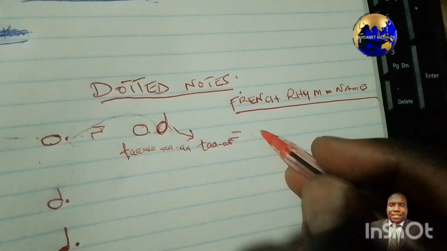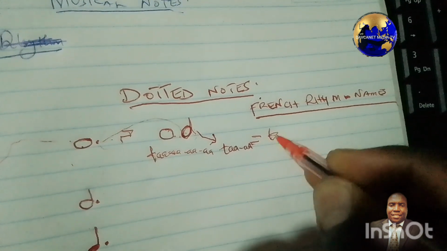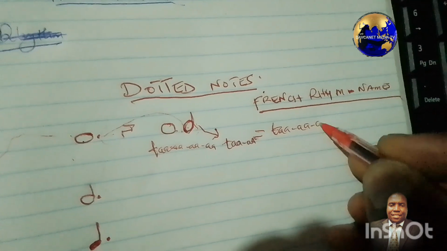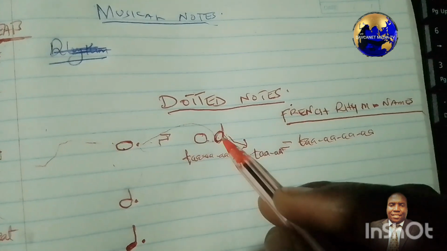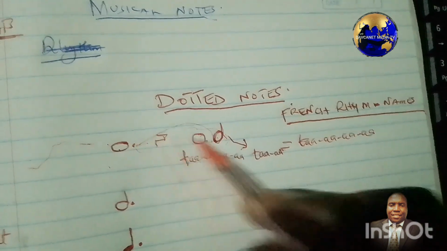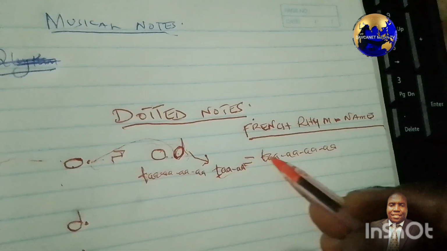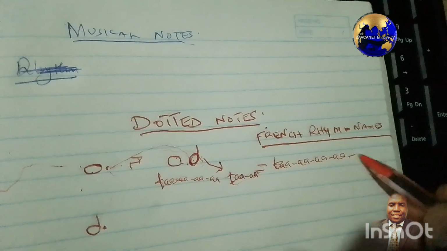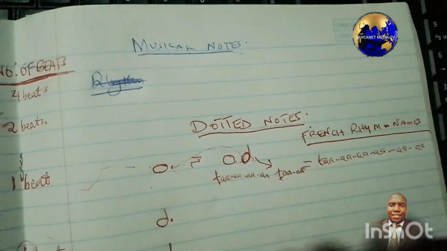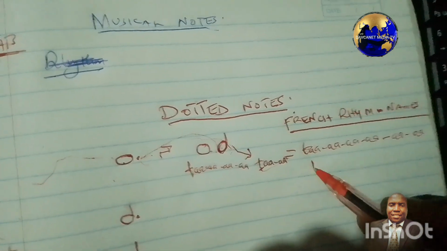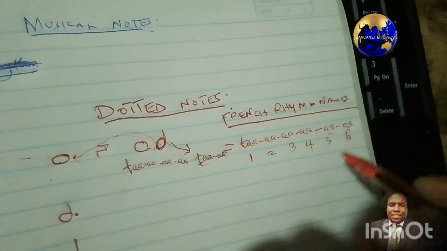The French rhythm name of a dotted semibrief is ta, a, and because the minim is replaced by a dot, we omit the t. We don't use it here. We add another a. So a dotted semibrief has how many beats? 1, 2, 3, 4, 5, 6.